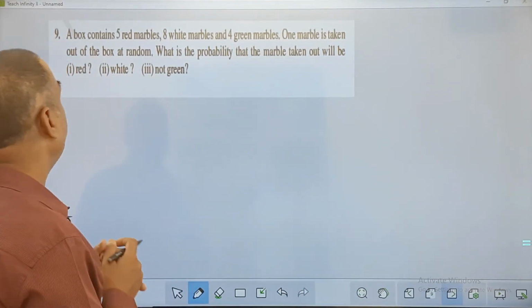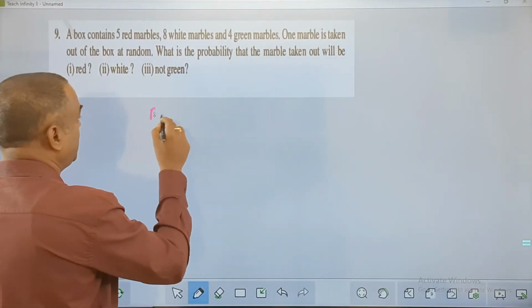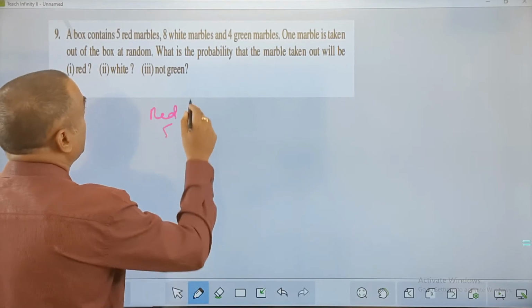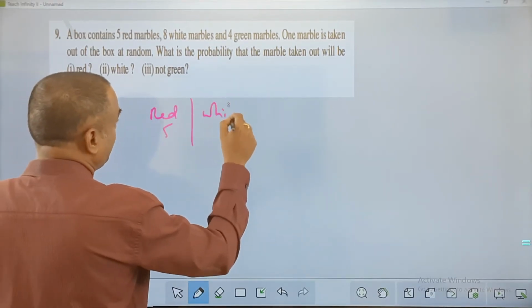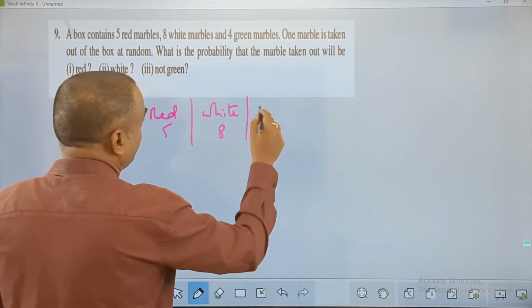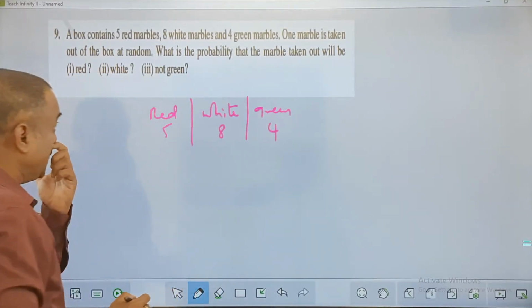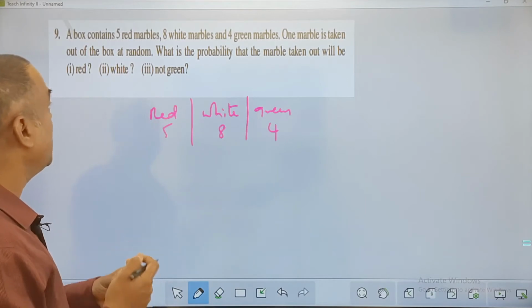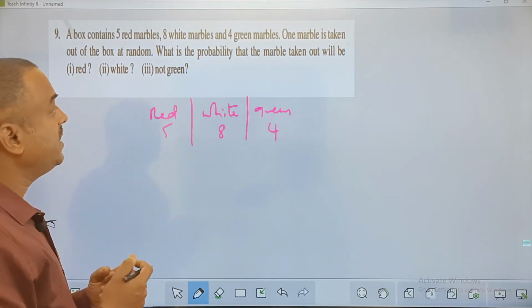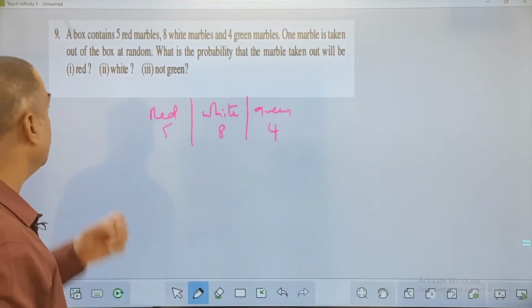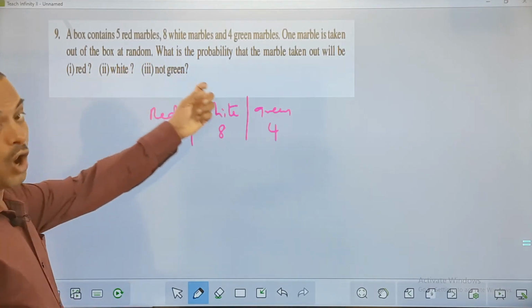Next one. A box contains 5 red marbles, 8 white marbles, and 4 green marbles. One marble is taken out of the box at random. What is the probability that the marble taken out will be red, white, not green?